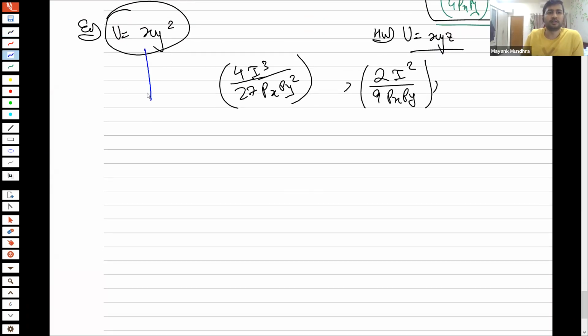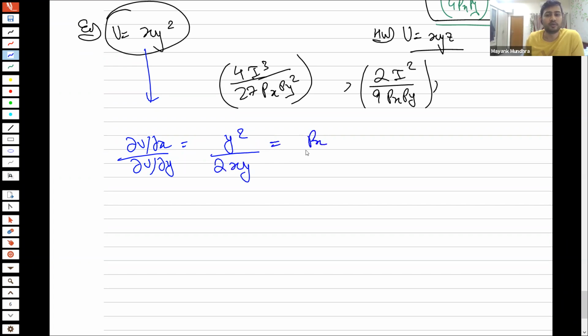Okay, so let's look at this. So we have MRS is del u by del x upon del u by del y. That would be equal to del u by del x is y square, del u by del y is 2xy. So this should be equal to px upon py. Y and y get cancelled out. So what you get is that ypy equals 2xpx.